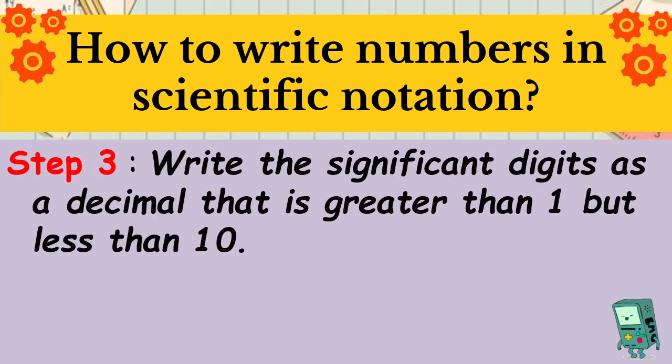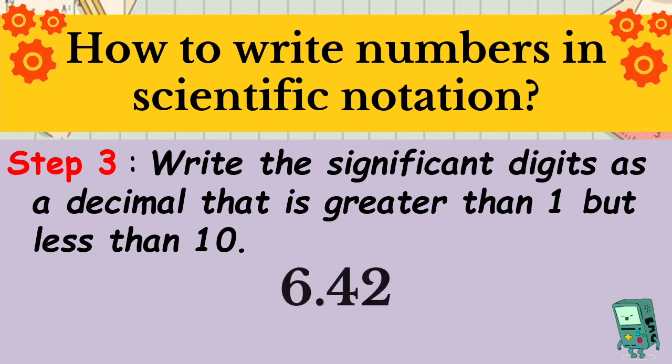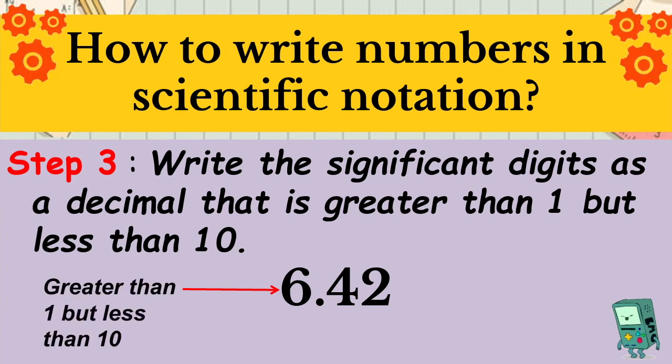Step 3. Write the significant digits as a decimal that is greater than 1 but less than 10. So how are we going to do it in 642 million? So I have already 6.42. How did I get 6.42? 6, as you can see, is greater than 1 but less than 10.